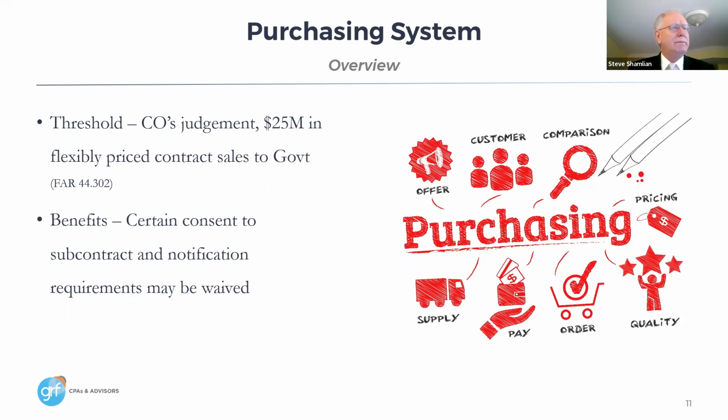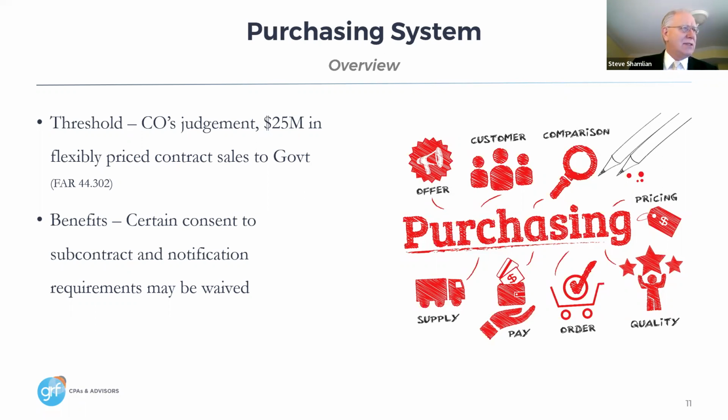The FAR and the DFARS are going to work together. These are good internal controls, and the agencies are using them to varying degrees. The DoD has come up with them, but the other agencies are using them to varying degrees.